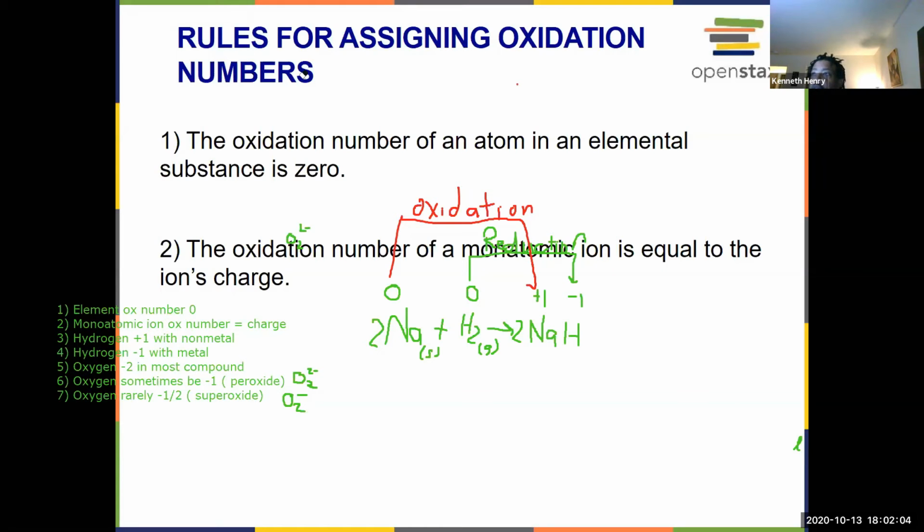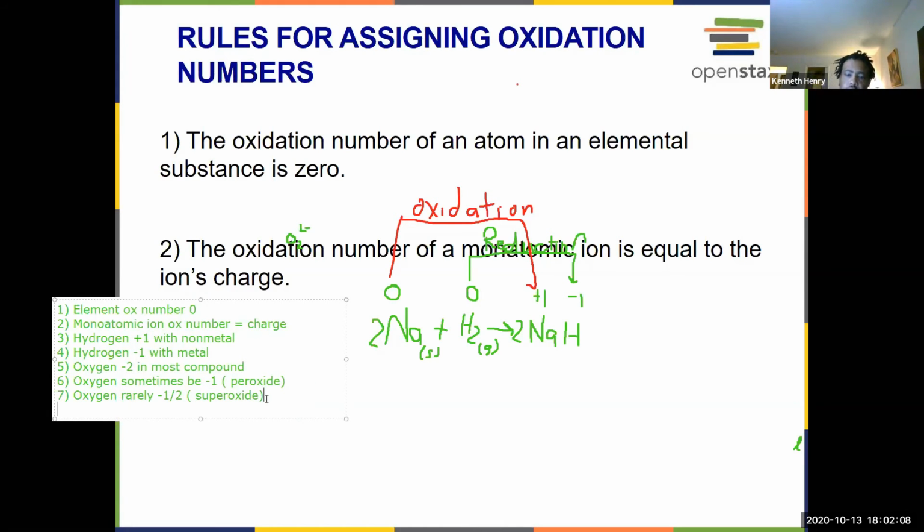Okay, so let's add on to our table here. So we have your halides. Fluorine is always going to have a -1.